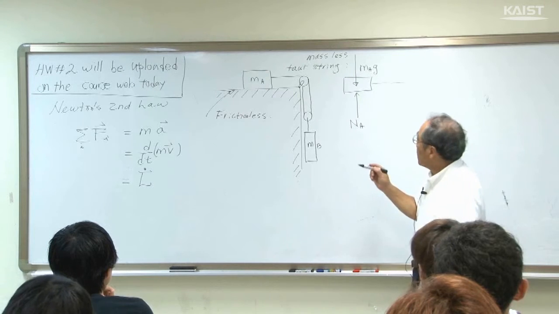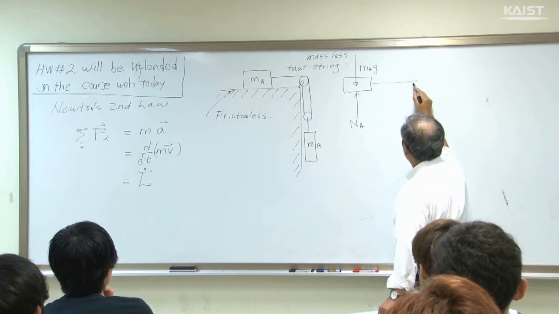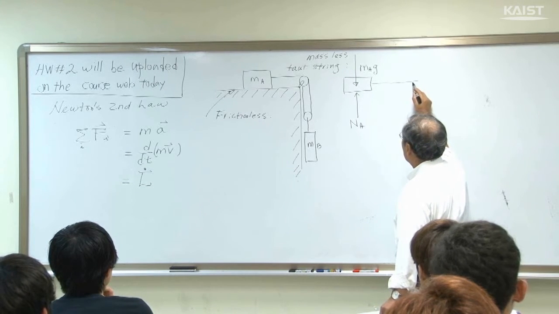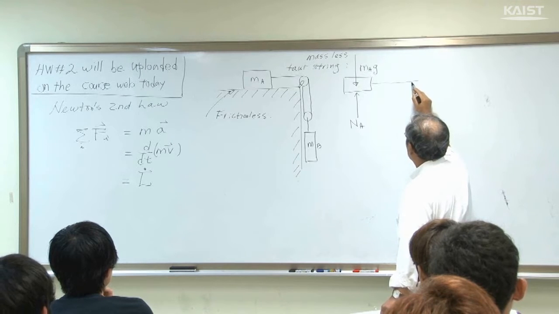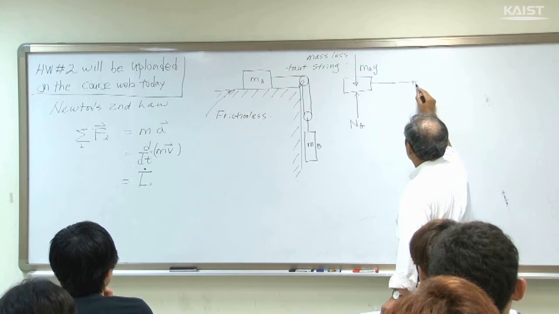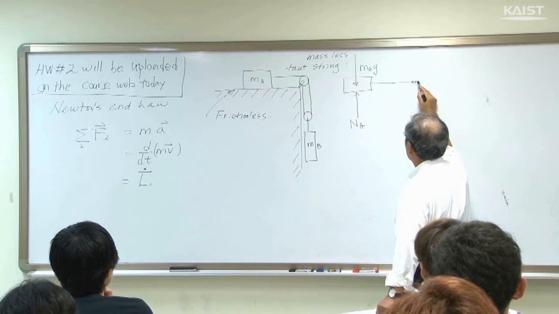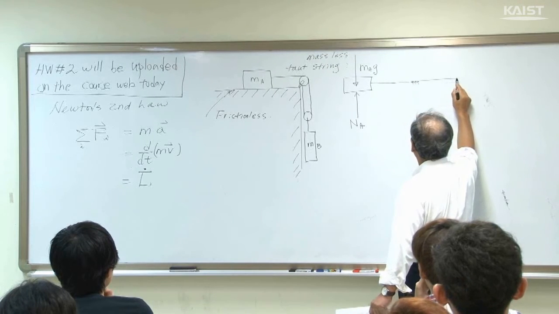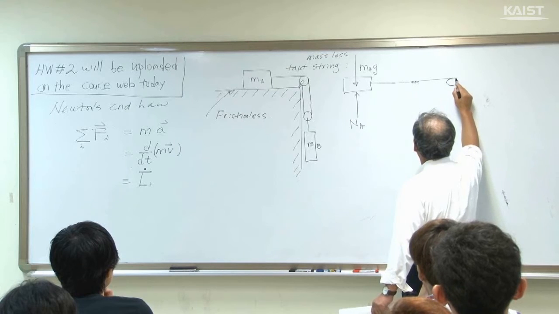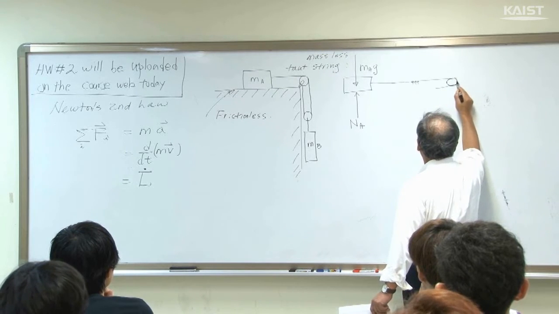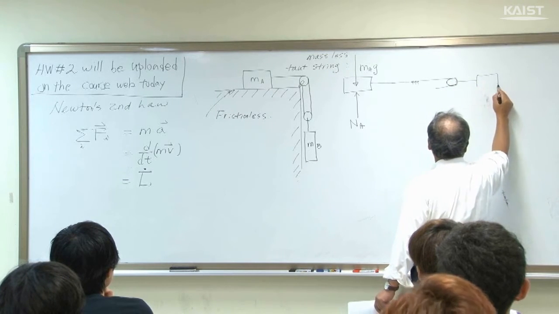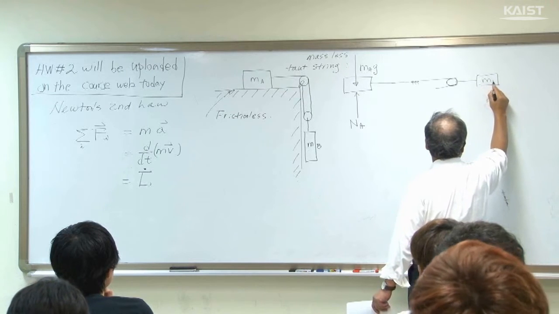Then there will be some normal force over here due to the pulley as well as some small friction. But it will extend, and there is a pulley, and then there is a mass MB.